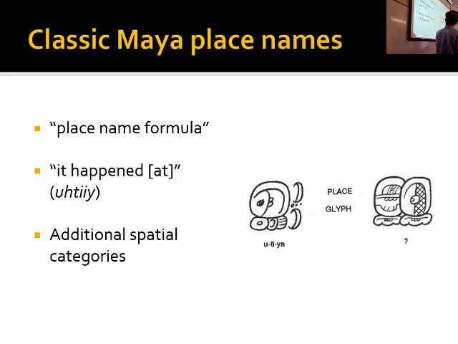It happened at, or as it happened, since it happened. That verb would be followed by some of the combinations of characters scholars saw in the emblem glyphs. And then it would sometimes be followed by additional words, which Steve Houston and Dave Stuart hypothesized could be landscape categories, like the city so-and-so, the land so-and-so.